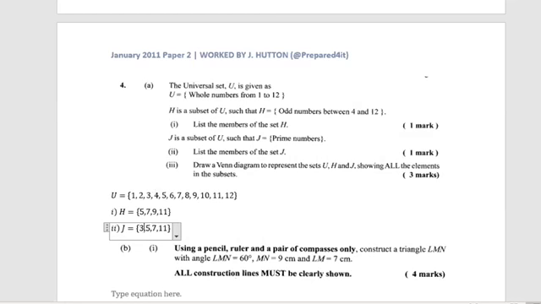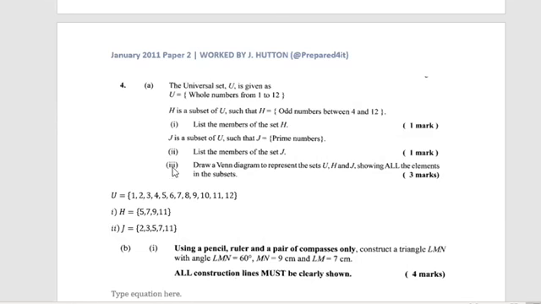So for definition purposes, prime numbers are numbers whose only factors are 1 and itself. So the numbers that can divide into them are only 1 and itself, and these would be 2, 3, 5, 7, and 11. Please note that the number 1 is not a prime number.